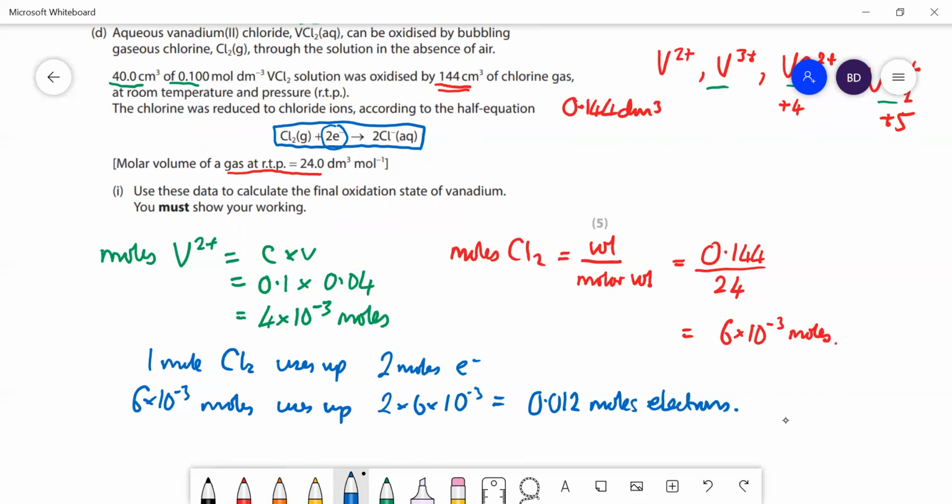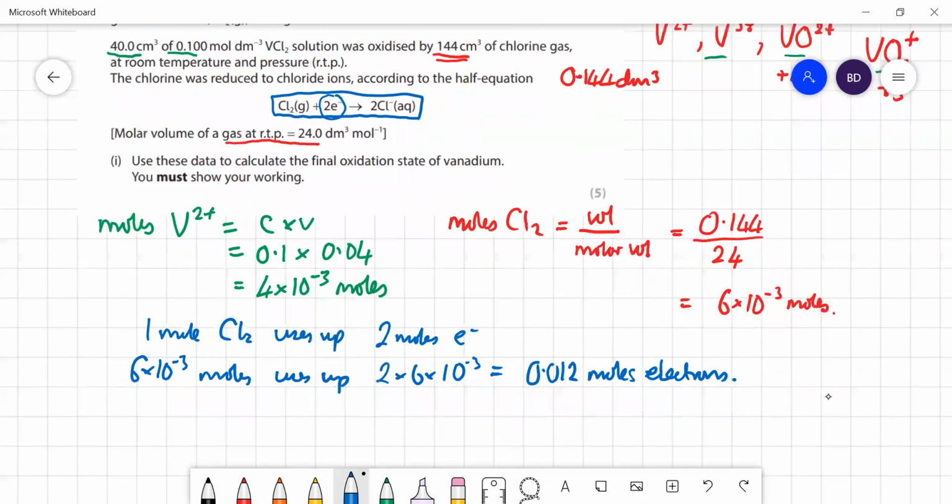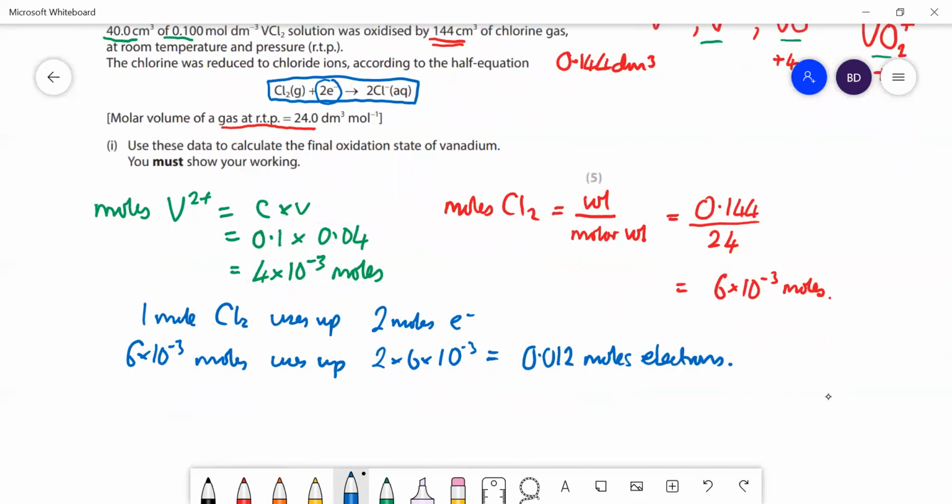Where are those electrons coming from? They're coming from the vanadium. So each mole of vanadium is giving away 0.012 divided by the number of moles of vanadium, which is 0.004.